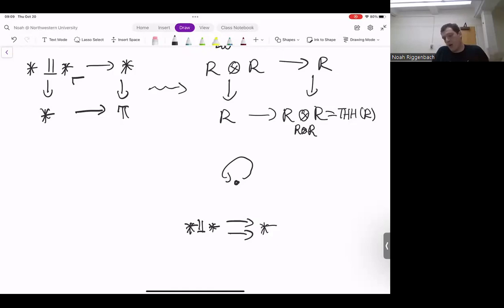Then you start studying the combinatorics of how many degeneracies you need to form this simplicial set, and you see that in degree n, you'll need n plus one degenerate simplices, and so on and so forth. The geometric realization of this thing will be S1.